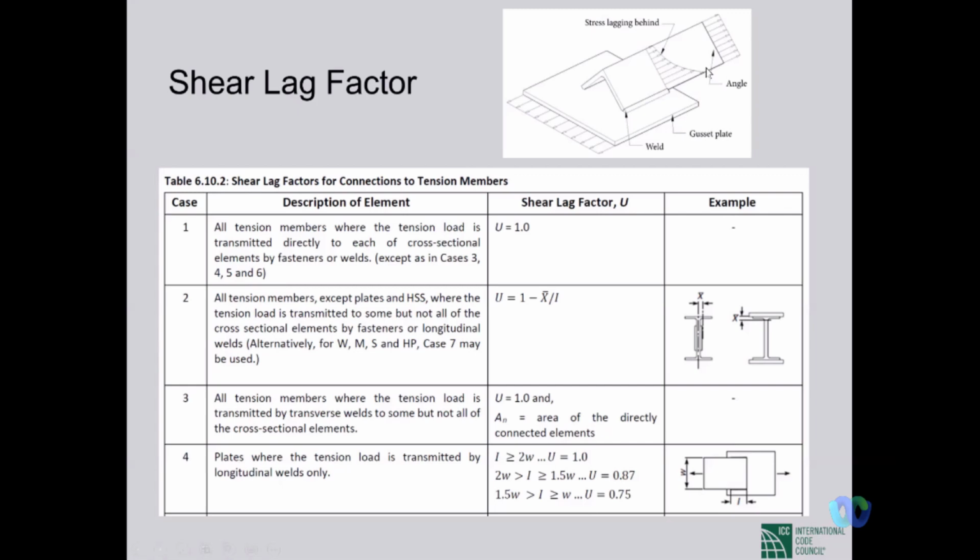There is a lag. There are formulas for this shear lag factor, and for different types of sections we can calculate this factor U, and we can multiply this with the net area and we'll get the effective area. So for the check of rupture, it's like a tear, complete tear, we use this shear lag factor.